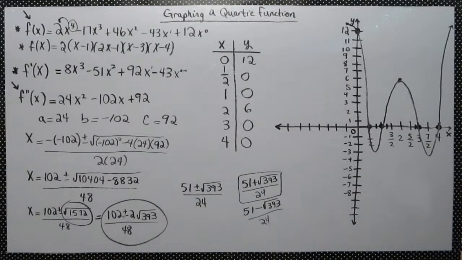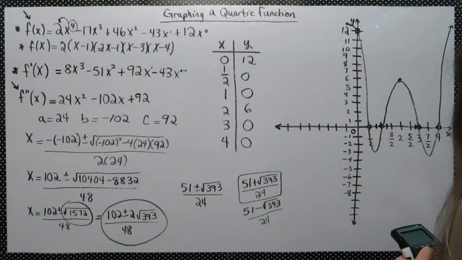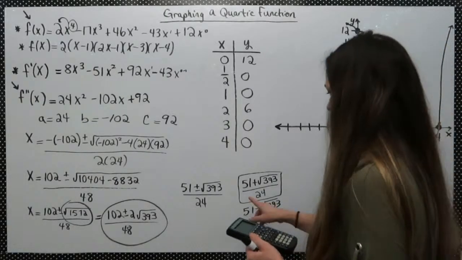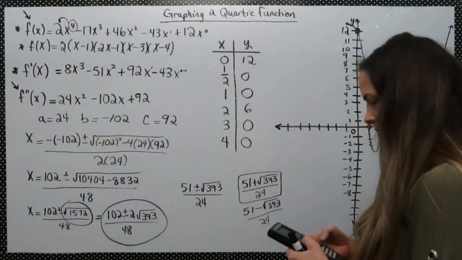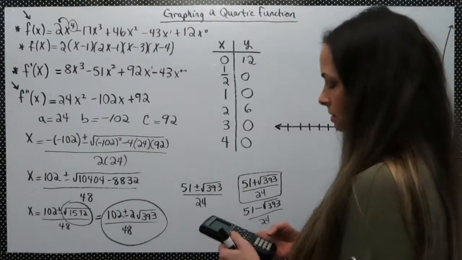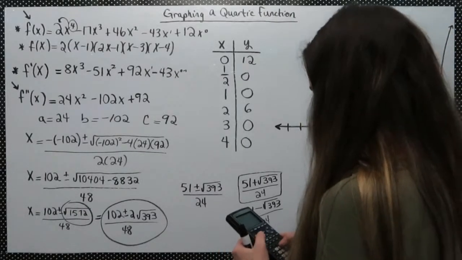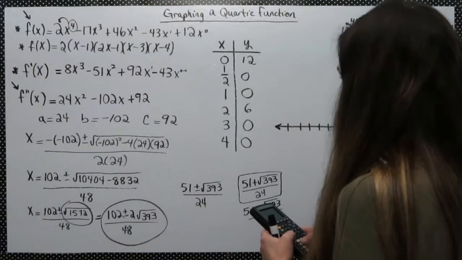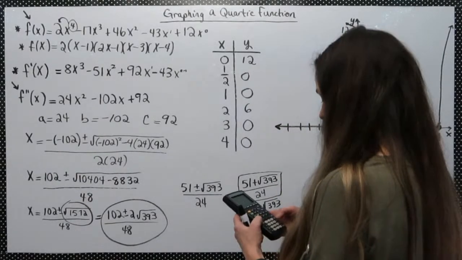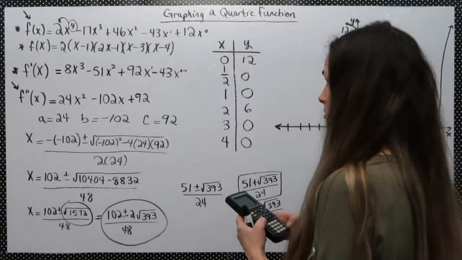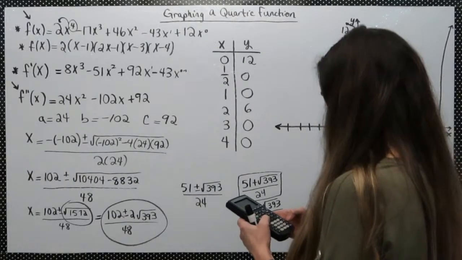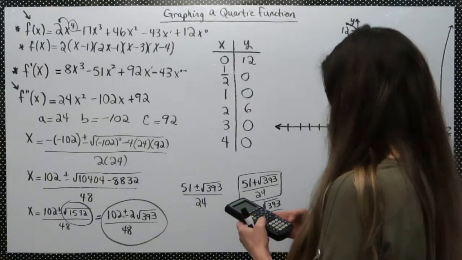All right, so I have the positive value stored in for x, and so I type the function in. 2x to the 4th, 16x cubed plus 46x squared minus 43x plus 12.